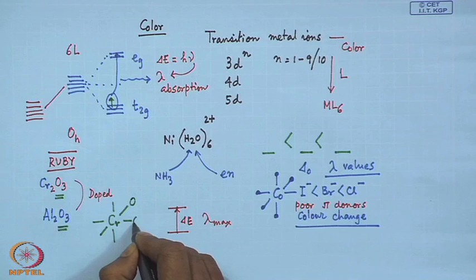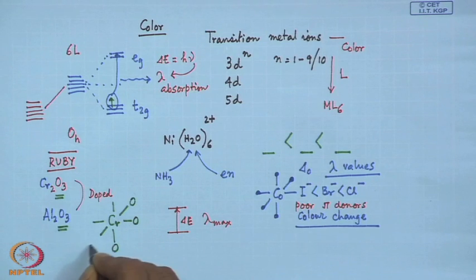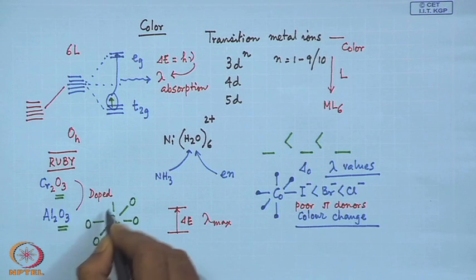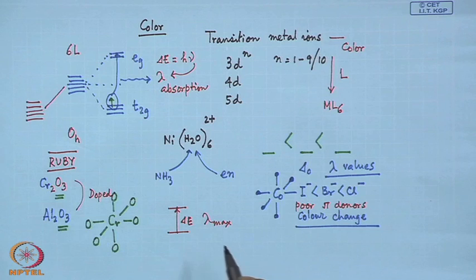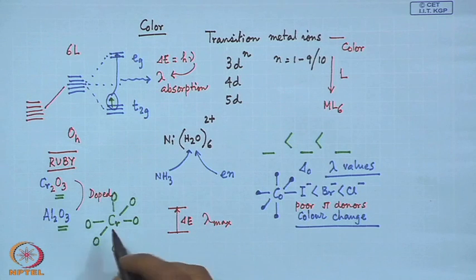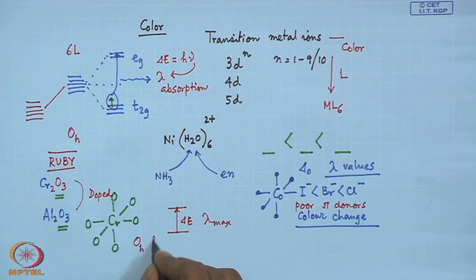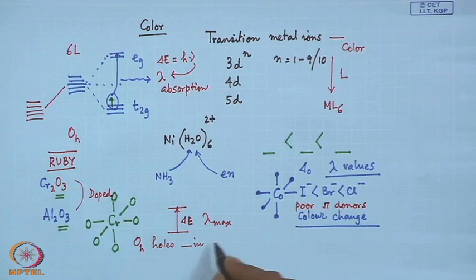So, we have a nice octahedral field made up of 6 oxygen atoms of the oxide lattice, because in the solid state all of them are filled with oxide lattices, and we can generate some cavities or holes in the solid state structure.